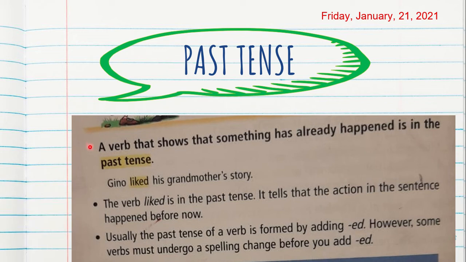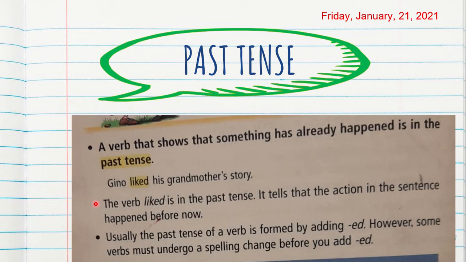Let's read. A verb that shows that something has already happened is in the past tense. Let's read the example. Gino liked his grandmother's story. So the word liked is the past tense. Okay? Use a highlighter. The verb liked is in the past tense.